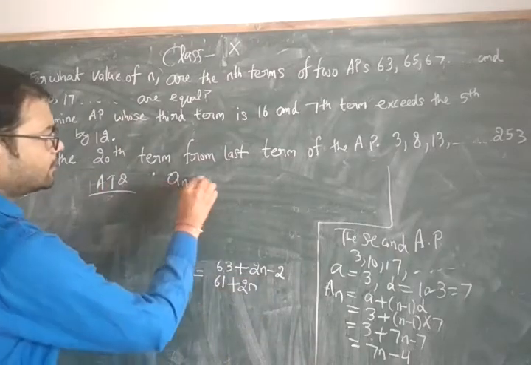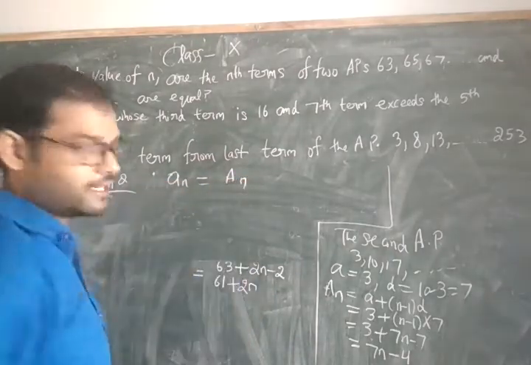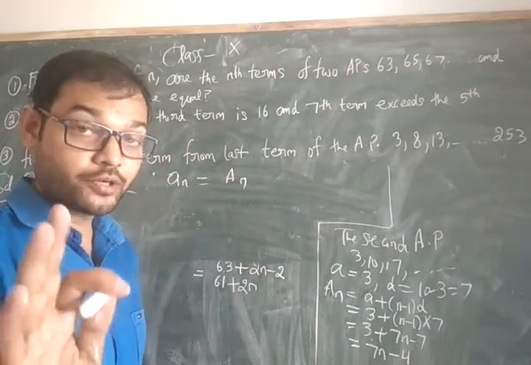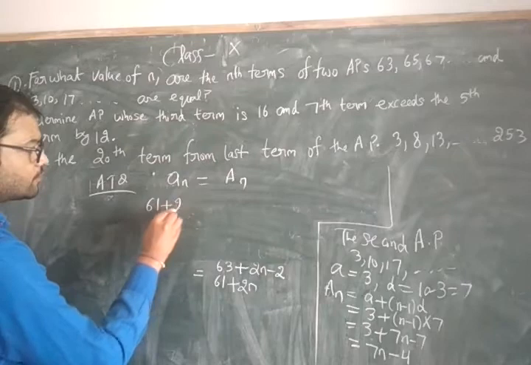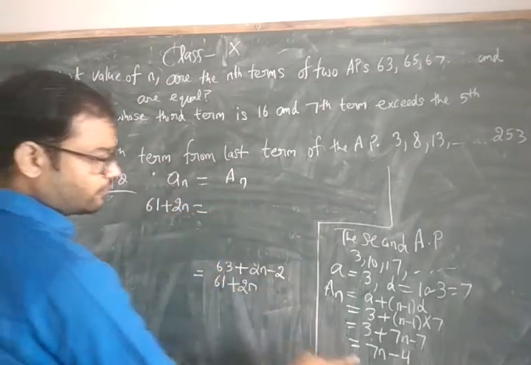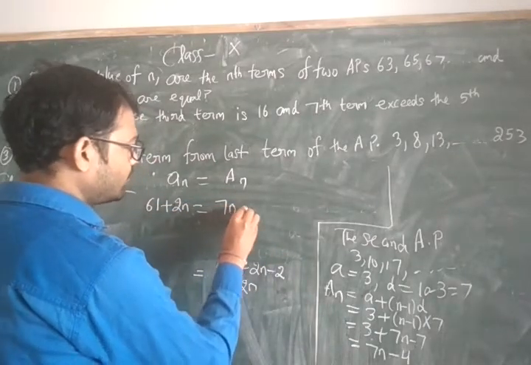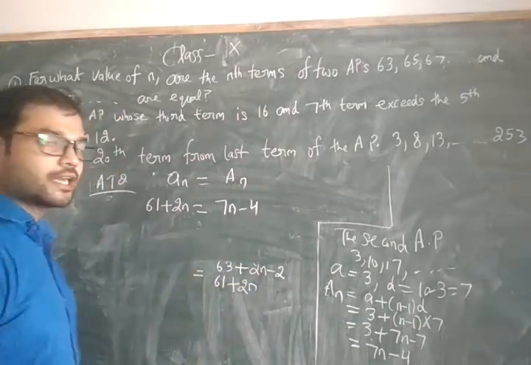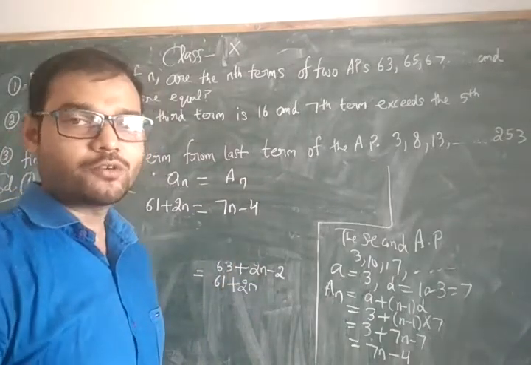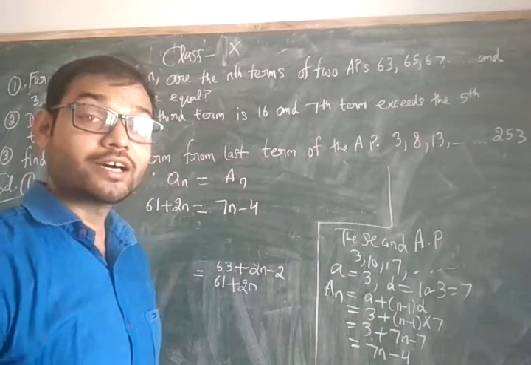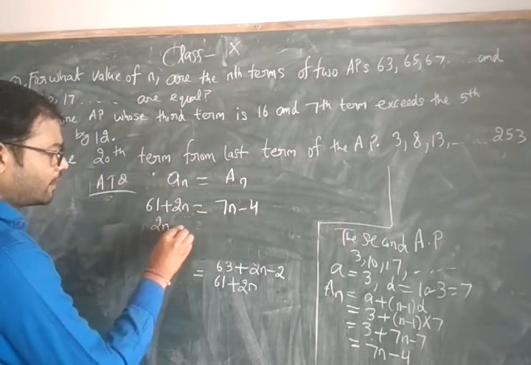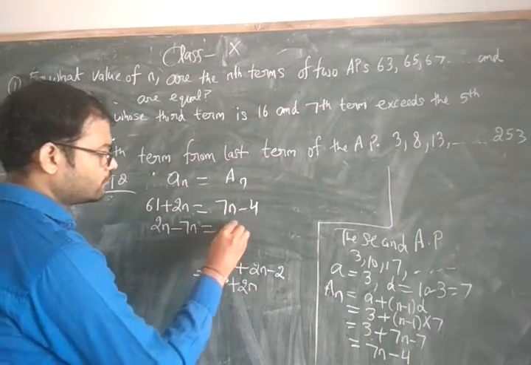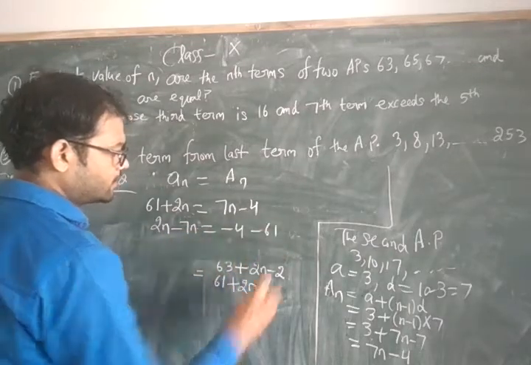So an is equal to capital An, according to the question, जो question में आपको given है. So the value of an is 61 plus 2n and the value of capital An is 7n minus 4. Take n on one side and without n on the other side as we solve equations. So it becomes 2n minus 7n is equal to minus 4 minus 61.